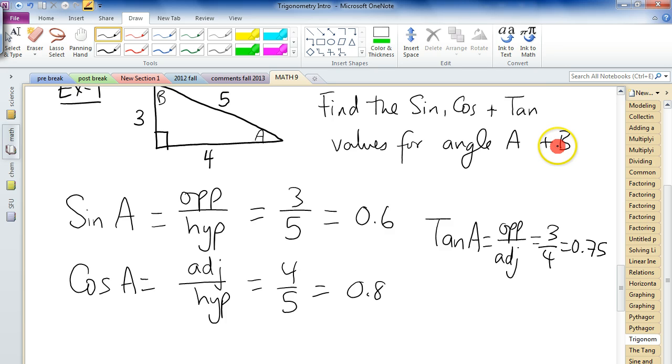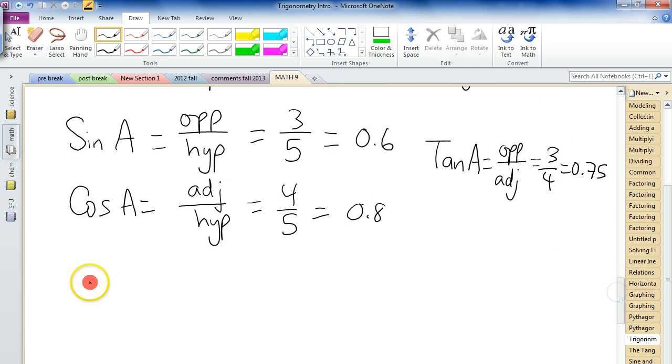Now I've also got to do the same thing for angle B. Angle B up here. Are they going to be the same numbers? Not really. If I was going to do the sine of angle B, again, it's still opposite over hypotenuse.